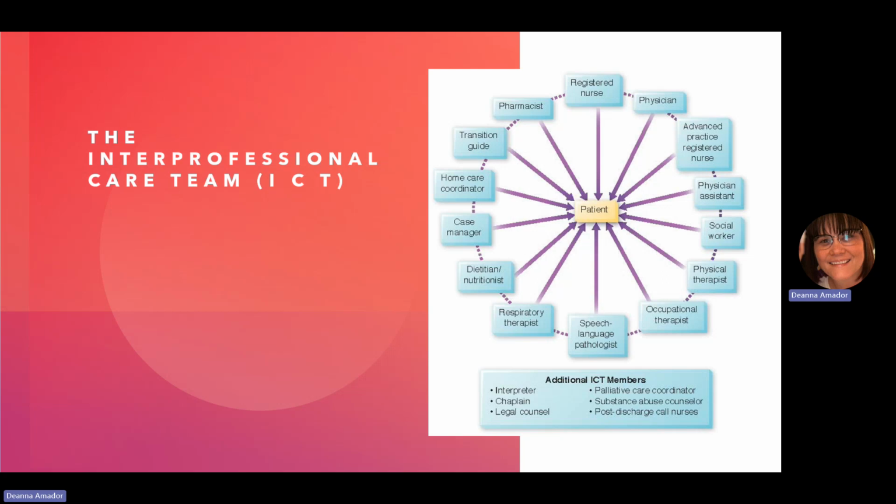Regarding the palliative care coordinator, especially with patients who have more chronic diseases, palliative care is a great resource to utilize, and they help look at the overall plan of care for that patient. Just know that palliative care and hospice care are two different things.